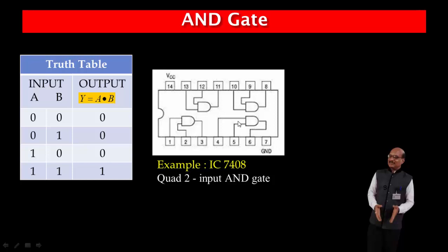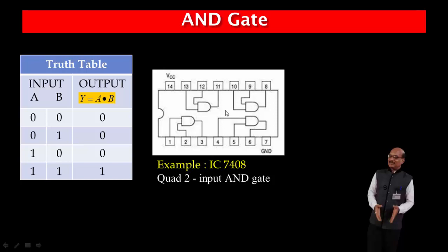So you have to apply the power supply between VCC and ground. Two more gates are available here. One gate is available between pins 10, 9 and 8 and one more gate is available in 13, 12 and 11. So we find that within this IC 4 AND gates are available.